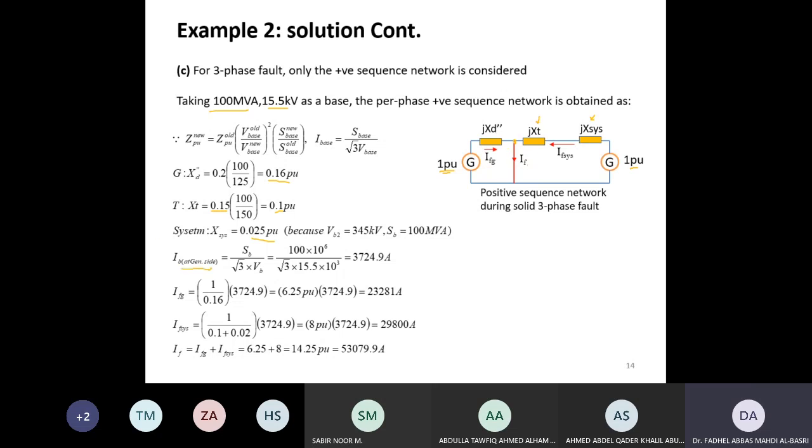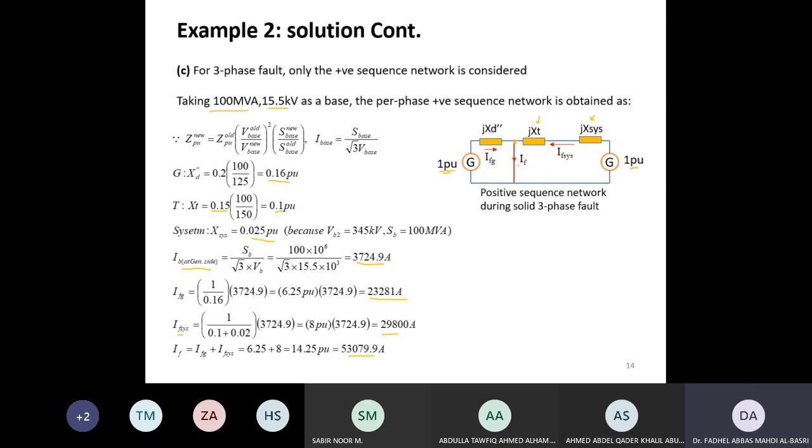So I base, based on these values, is 100 MVA over √3 times the base voltage at the generator side, 15.5 kV. I got the base current at the generator side, and then I can take 1 divided by this impedance, which gives me the per unit current, times the I base to give me the actual fault current IFG, and similarly I'll do it for the I fault at the system, and we add them to get the total fault current here.